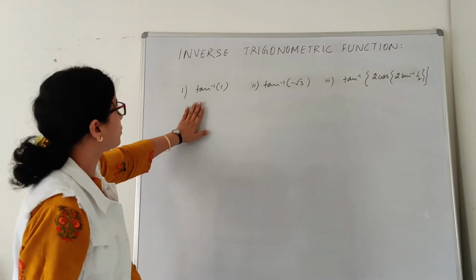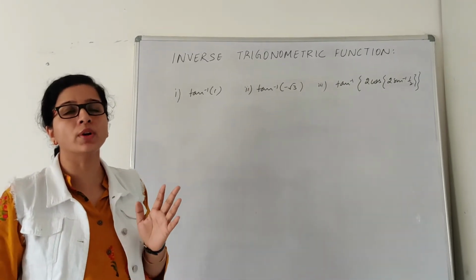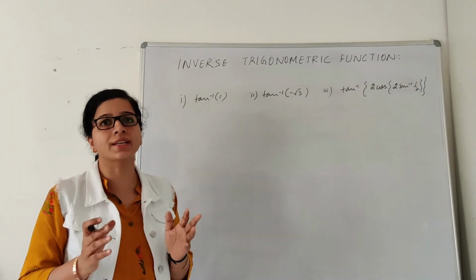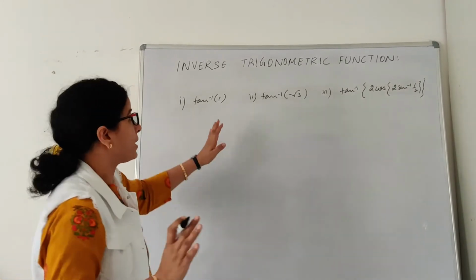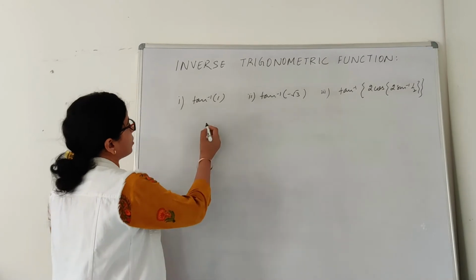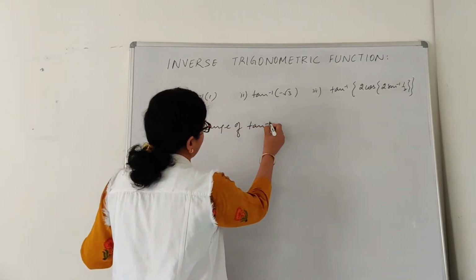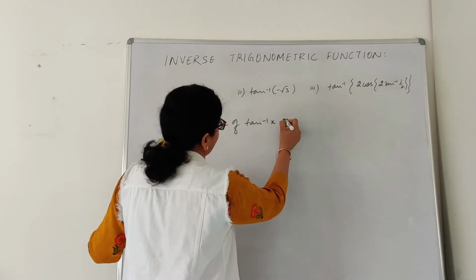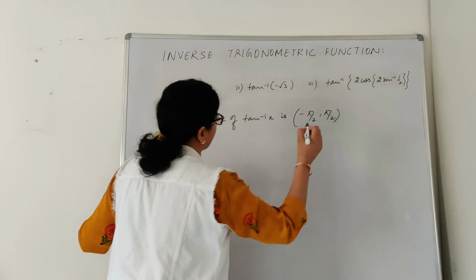So now we have to evaluate these values in the principal branch. What is the principal branch of tan inverse x? The open interval minus pi by 2 to pi by 2. So the range of tan inverse x is minus pi by 2 and pi by 2.